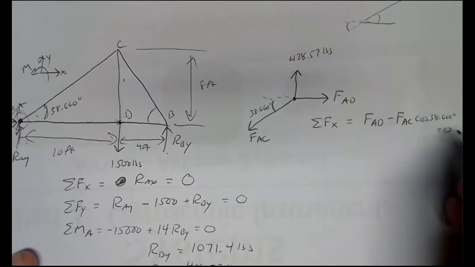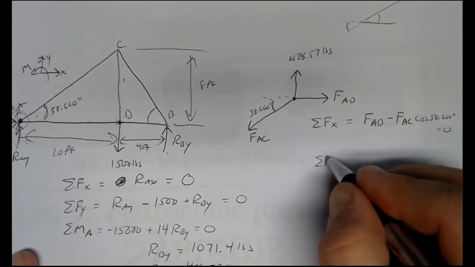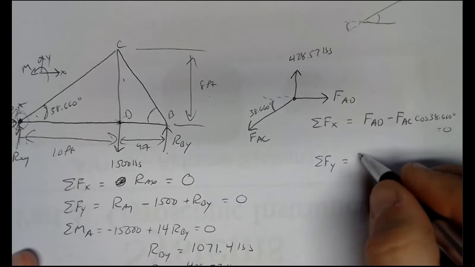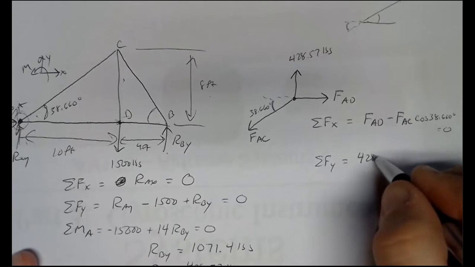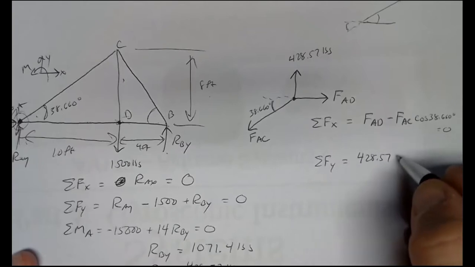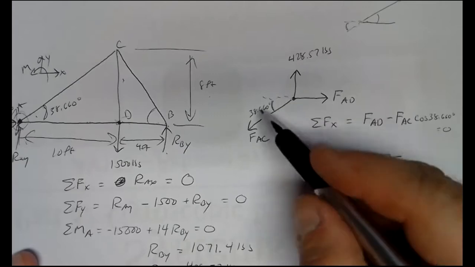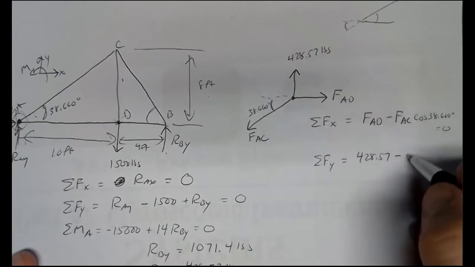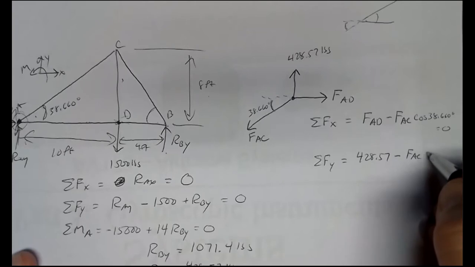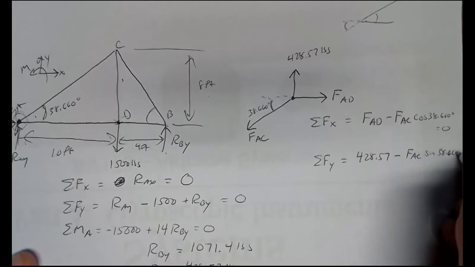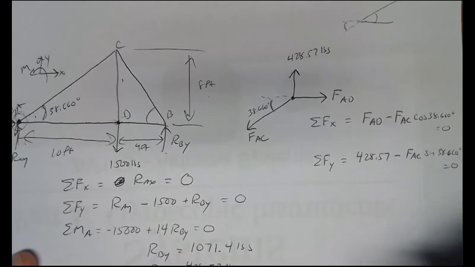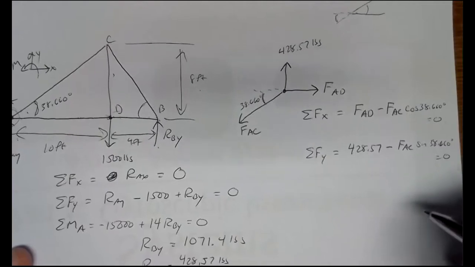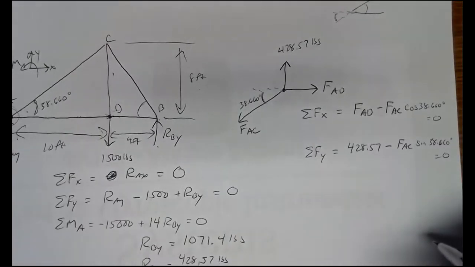And that'll have to equal 0. Sum of forces in the y direction will have positive 428.57 minus what's pulling down, which would be the opposite side. So it'll be FAC sine 38.660 degrees. And that'll equal 0. Now, the first equation we can't solve right away. The second one we can.